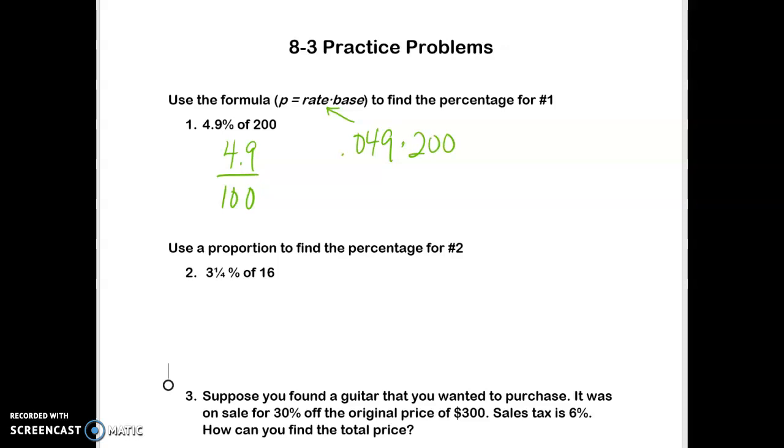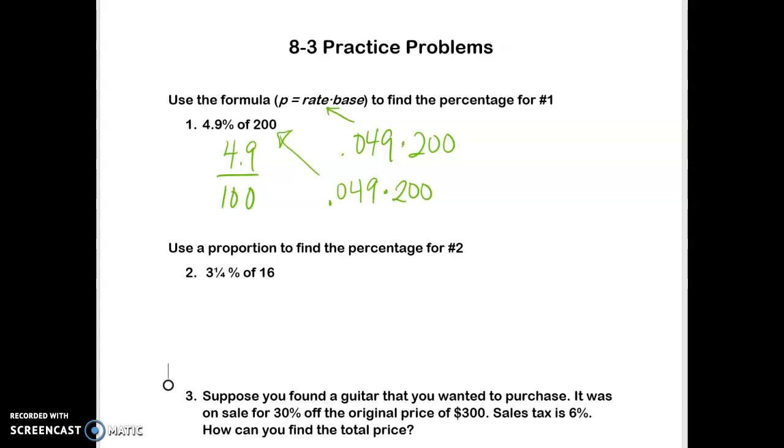You can also think of it as 4.9% of 200 being translated into a mathematical sentence as whatever number that is, 0.049, of, multiplying 200. Same thing. So the formula is just translating it into a mathematical phrase.